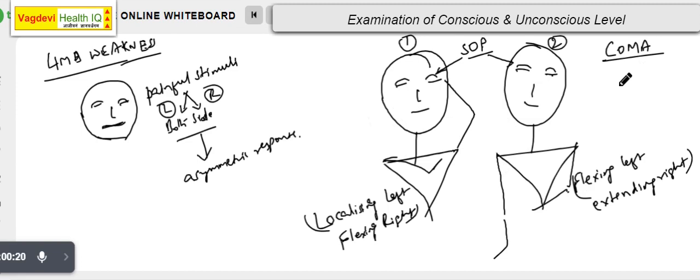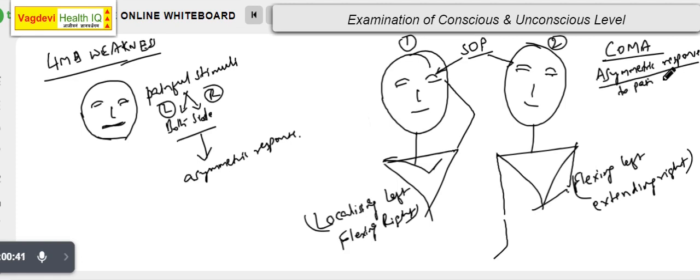Okay, but both are having an asymmetric response, right? Asymmetric response. Are you sure? Right. Asymmetric response to what?